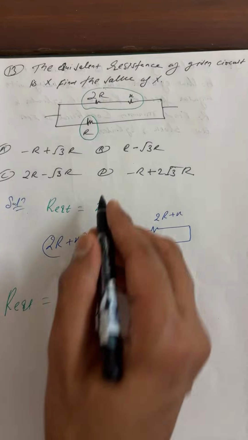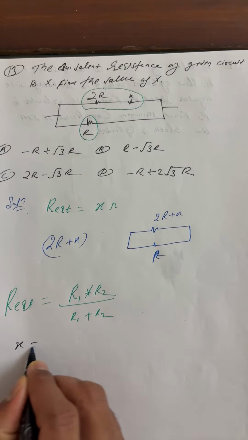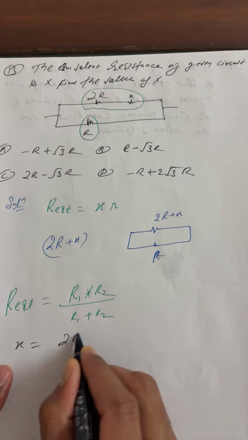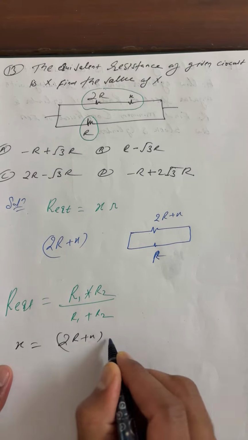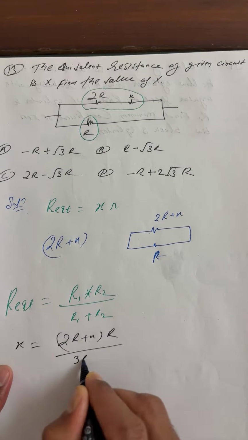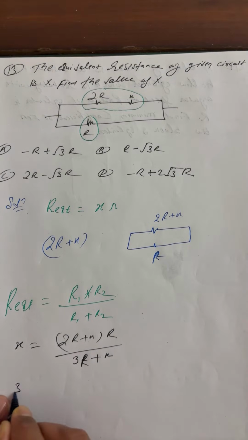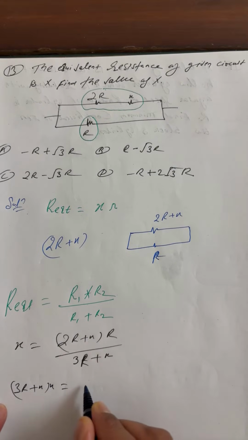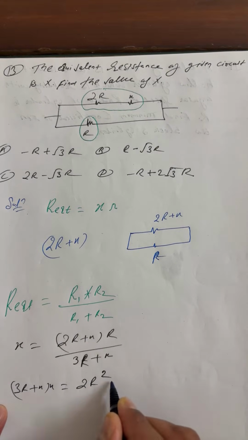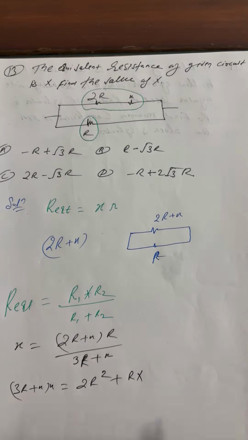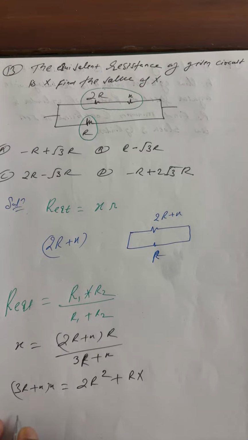So here R equivalent, mentioned in the question, is equal to X, and this is 2R plus X into R upon 3R plus X. Just do cross multiply. 3R plus X into X is equal to 2R square plus RX. Right, my dear?